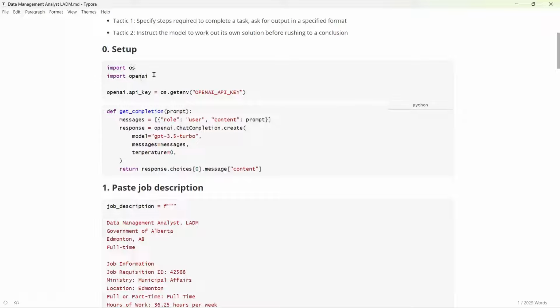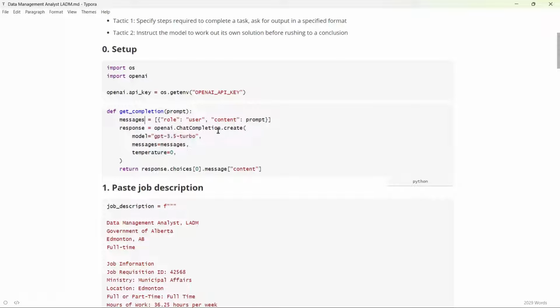Just import the libraries and packages: os, because this is where you store your API key, and openai, so you can use the large language model, in this case GPT. We use GPT 3.5. You can use 4, depending on the plan you subscribe to.